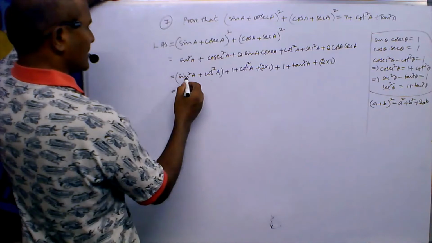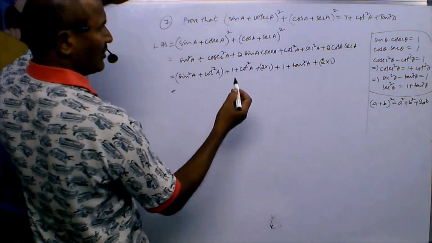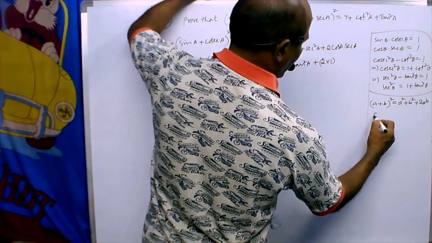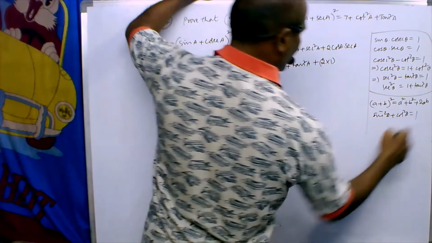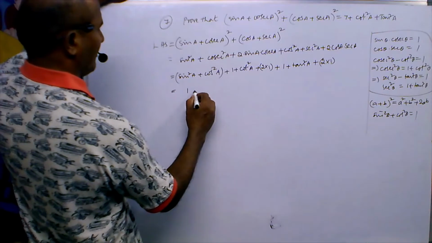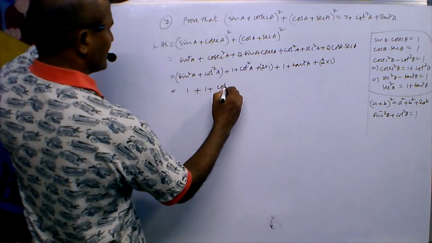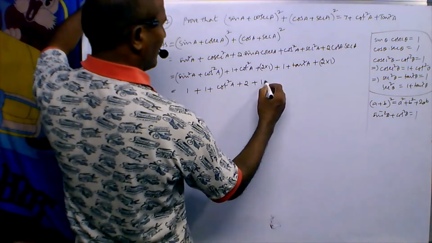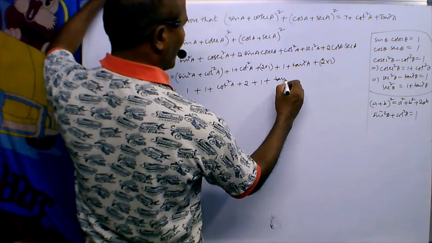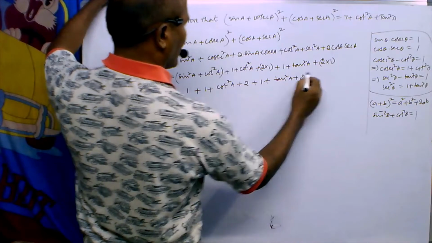Now here sin square A plus cos square A is equal to 1. We have that identity: sin square theta plus cos square theta is equal to 1. One more identity here. 1 plus cot square A plus 2 into 1 plus tan square A plus 2 into 1 is 2.